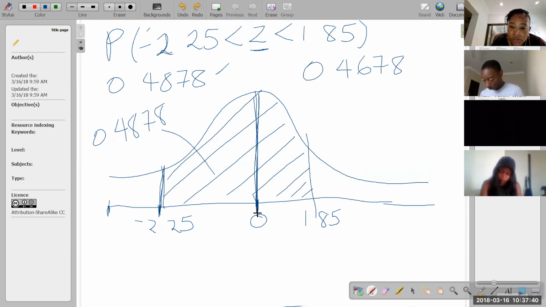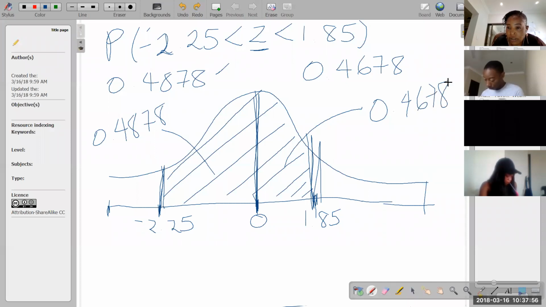From this area to 1.85, this area is 0.4678, because from here to this end is 0.5.